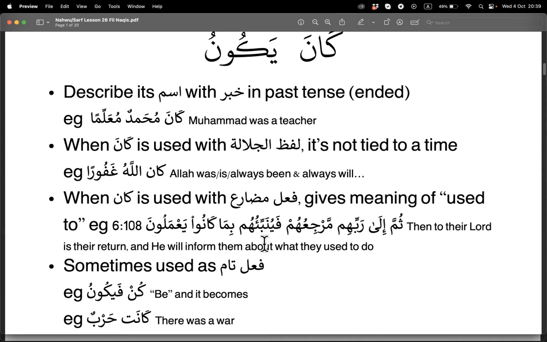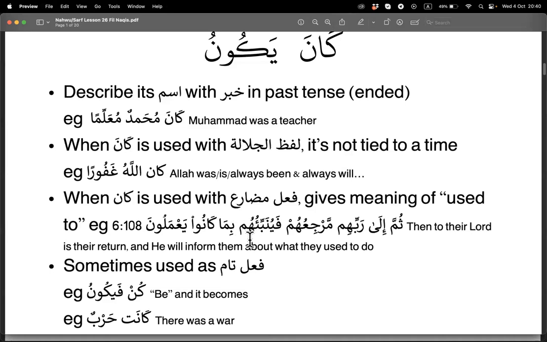This one is fi'il mudhari, mabni bil majhul. The last letter is hamzah. This one is fi'il mudhari ma'lum. And who is our fa'il? The fa'il is this one, huwa. Yes, ya and dhamma, huwa.